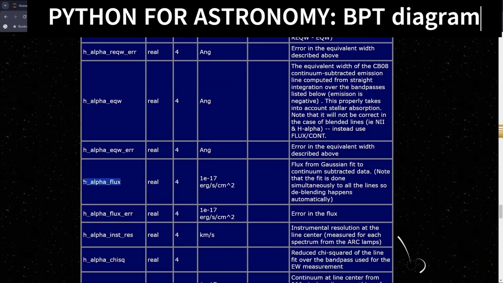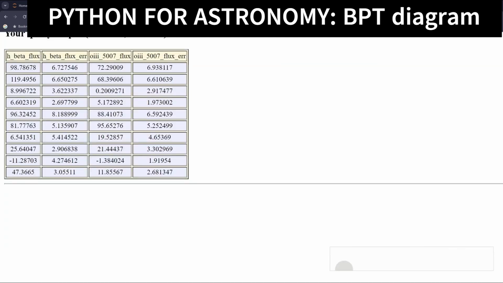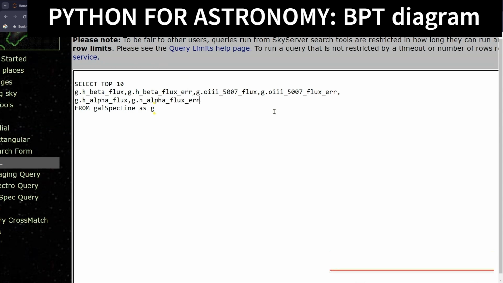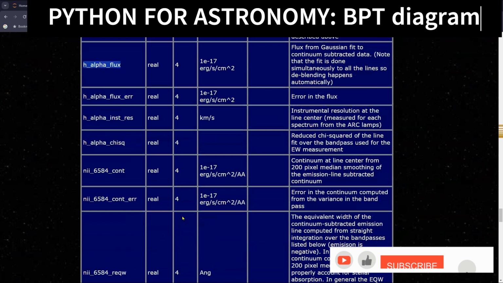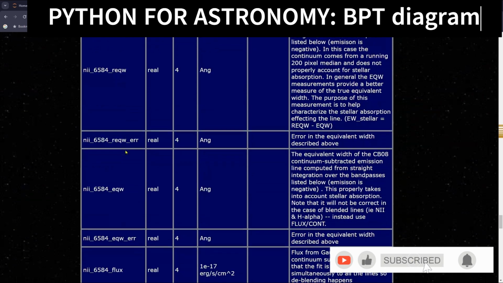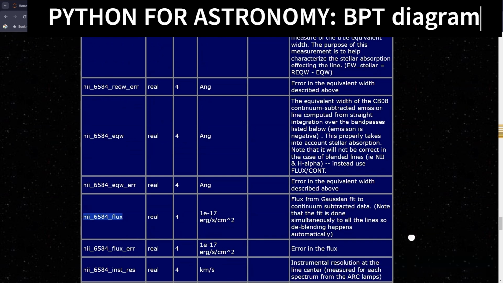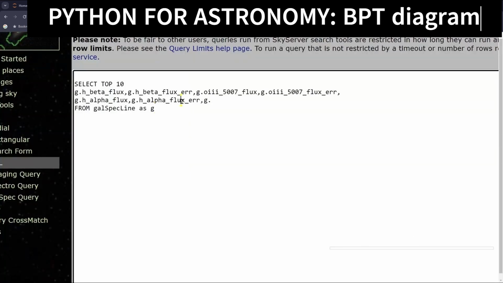I will get the H alpha flux here, g.H alpha, and I will also obtain the error in that. Now I need to obtain the N2 flux, the 6584 line. So we just put it here.